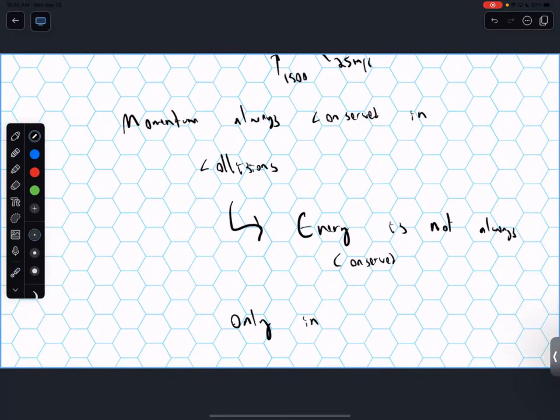Only in elastic collisions. So you'll see different cases of this. We'll talk about this a little bit more when we get to the energy conservation stuff. But just remember that you can always use momentum conservation for collision and recoil problems, but that doesn't mean you can necessarily use energy conservation. All right, thank you.